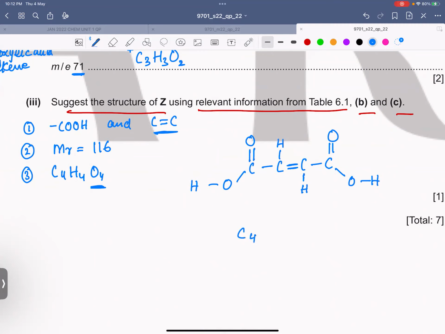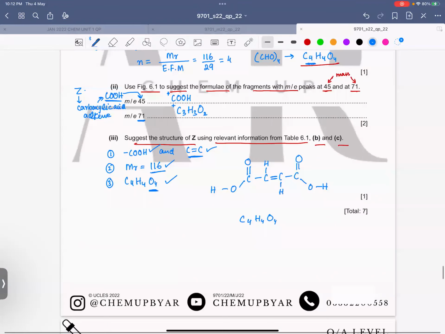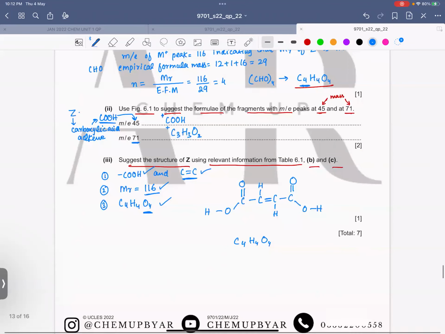Now if you see, we are getting 4 carbons, 4 hydrogens, and 4 oxygens, and we are covering that its molecular formula is this, its Mr is this, it has a carbon-carbon double bond, and it has a carboxylic acid group as well. Is this clear? Yes sir.